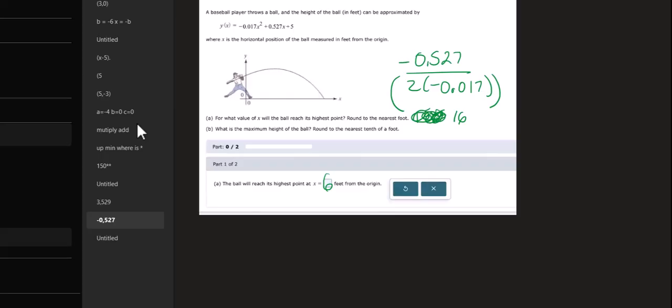And then the maximum height would be negative 0.017 times, and now here, don't round, plug in the original value, 15.5 squared plus 0.527 times 15.5 plus 5.